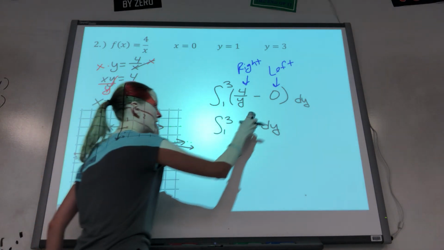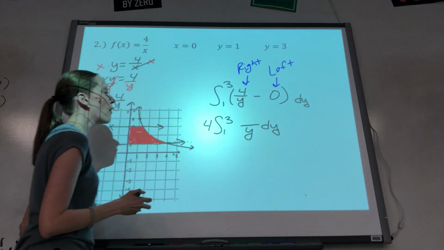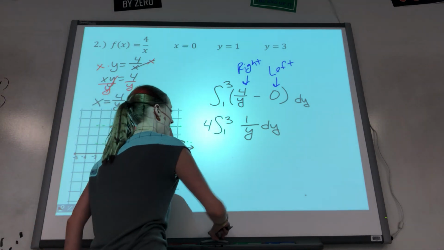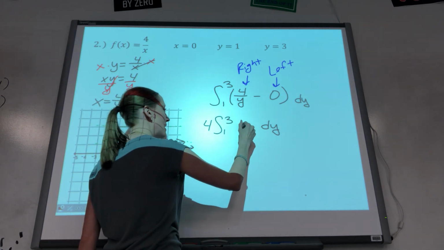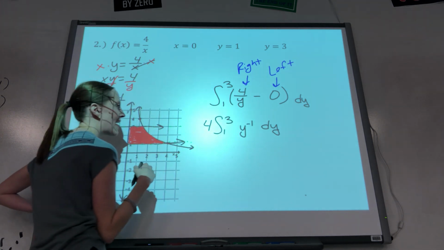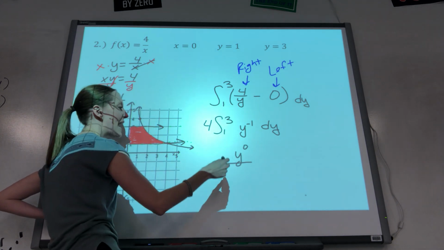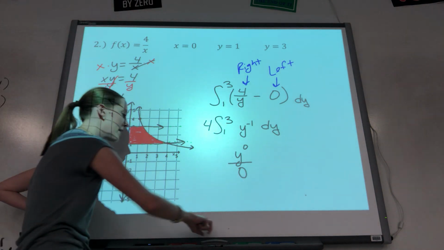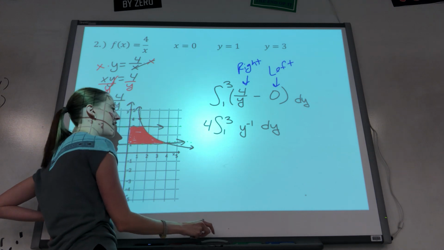Now, how to integrate this? I would pull that 4 out front. Think of that as 1 over y dy. You can try to do the power rule here. If you rewrite that as y to the negative first, when you add 1 to your power and put your new power on bottom, you'd be dividing by 0, which is no good.